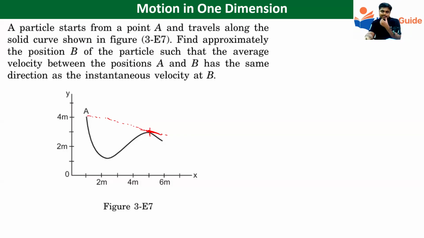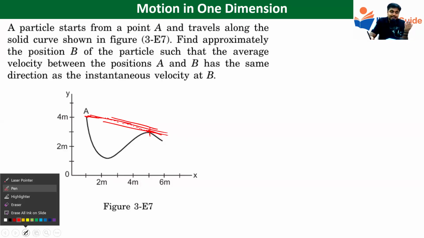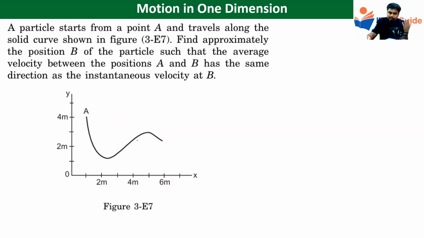Now here, average velocity and the instantaneous velocity both have to be same. So the average slope has to be equal to the tangential slope at that particular point. So here if you see, the tangential slope is matching with the average slope. Does it make sense?